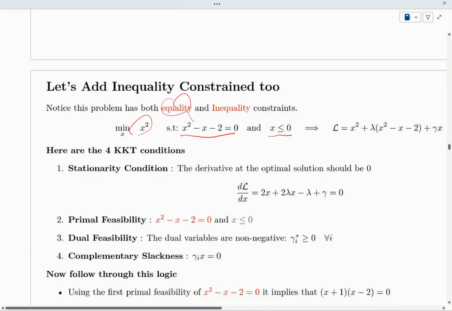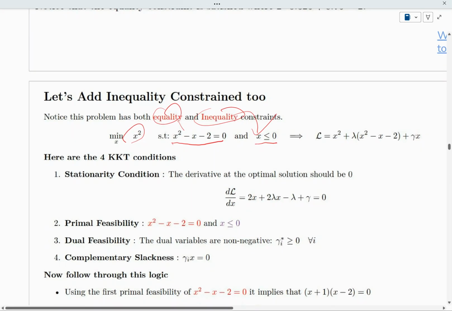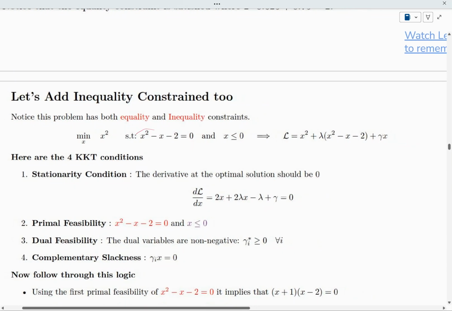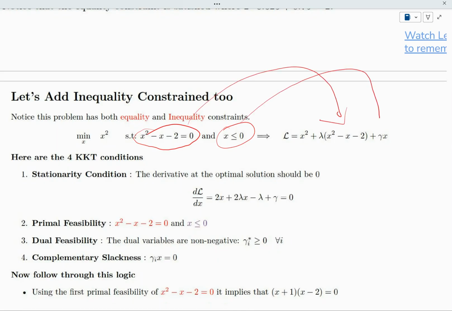So equality, inequality. Now, based on the Lagrange multiplier theory, we basically add the equality and the inequality constraint, put them together to create this thing called the Lagrangian. So we now have the Lagrangian.